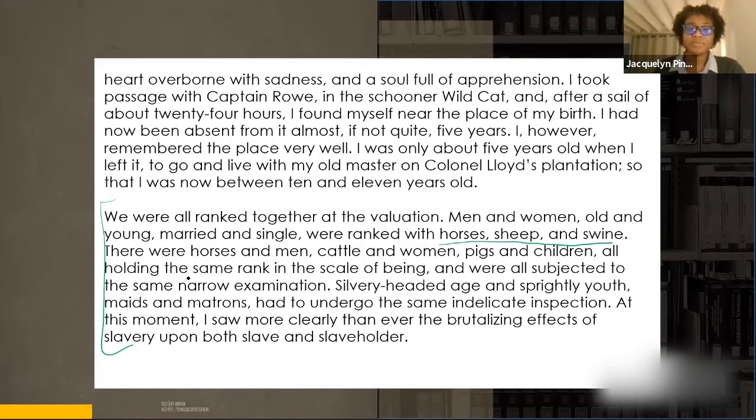Same rank. Subjected to the same narrow examination. So there's nothing there pointing directly to how they felt about the master, right? But we do see some clear language about how they felt about what happened after the captain died, and what happened to them as a result, right?